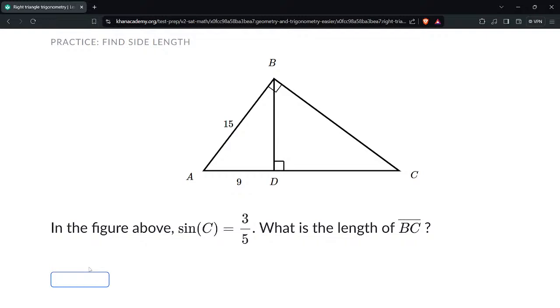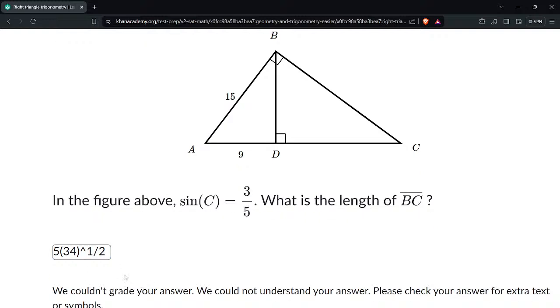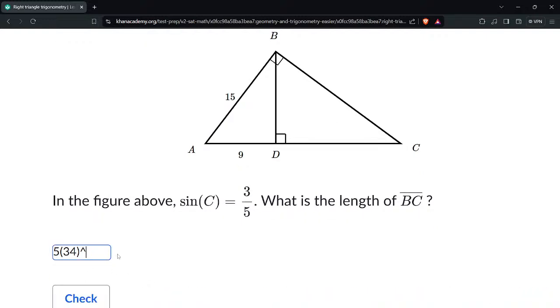How am I supposed to write root 34? Okay. Alright. 3 by 5, right? That's 5 root 34. How do you write 5 root 34? 5 and 34 to the power 1 by 2. Okay. How am I supposed to do this?